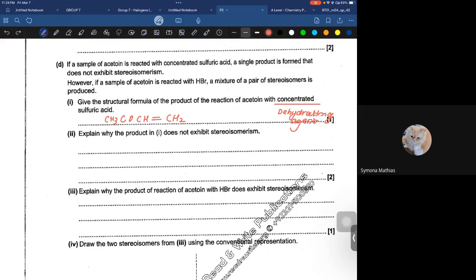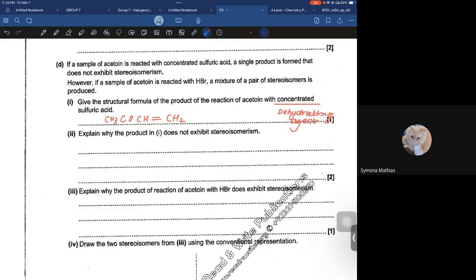Also, it's not going to give you the cis trans isomerism, because I told you the two conditions for the cis trans isomer. Number one was that you must have a double bond. Not only this, the different groups are attached on the same carbon atom, remember.